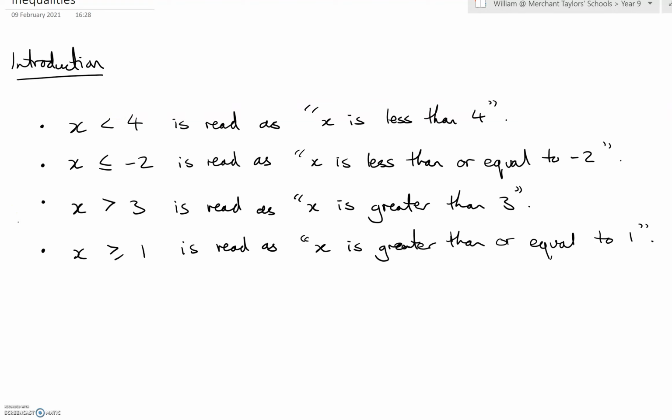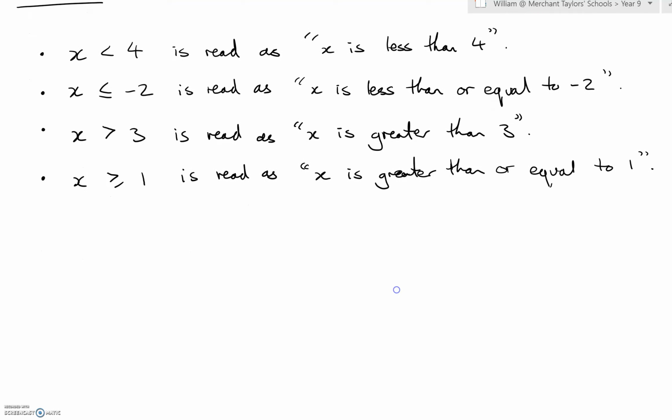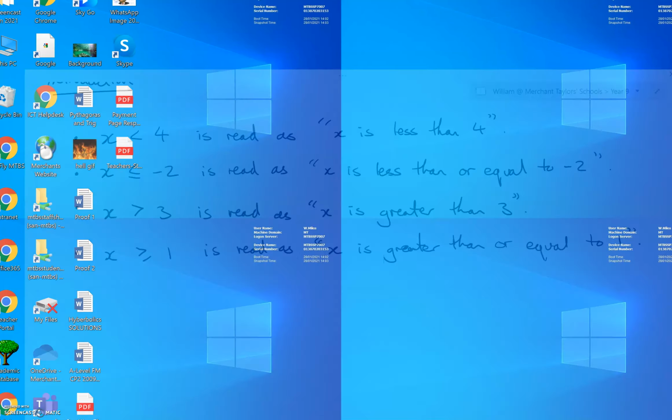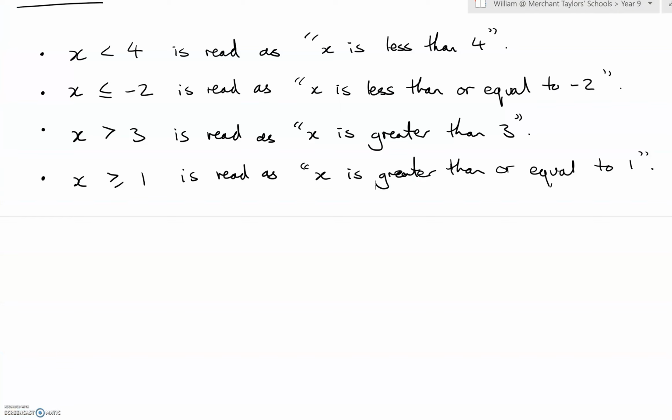Let's have a little look at them on number lines. So underneath we'll have some examples of how we draw this on a number line. On a number line, we have different ways of displaying strictly less than or strictly greater than, or when we've got the equal to as well.